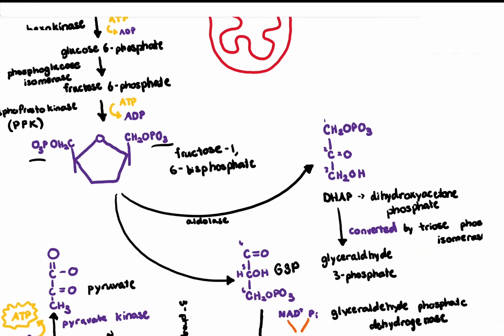And that's when you get a product of G3P. Now, G3P is glyceraldehyde 3-phosphate, and it's very important in the steps of glycolysis. But you can also see that you also have DHAP, or dihydroxyacetone phosphate. Now, let's look back at the 6 carbons in your glucose.